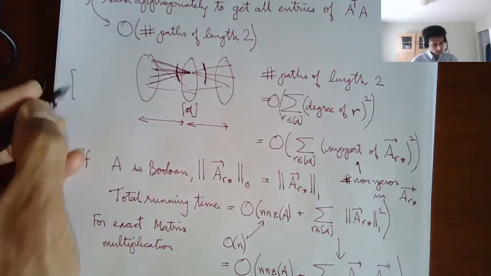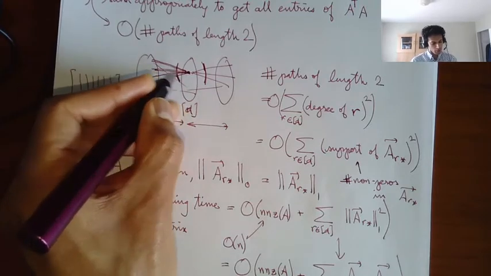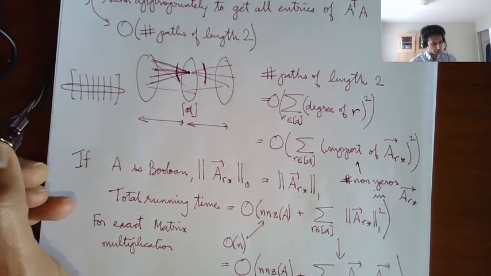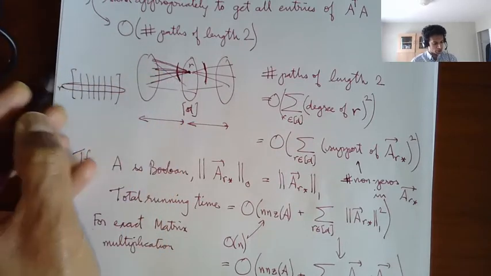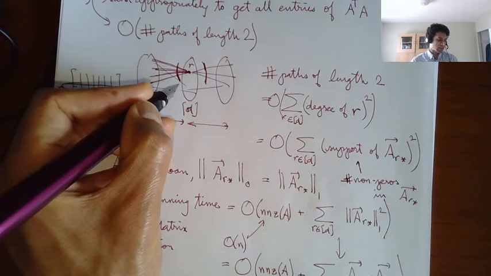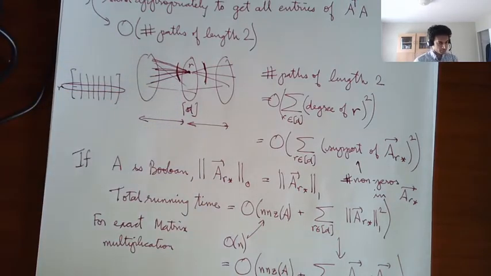Let me show you that picture again. The neighborhood of this vertex is a representation of that vector. The number of non-zeros in the neighborhood is exactly the number of neighbors of R. And so that would be the support, which is just the number of non-zeros.